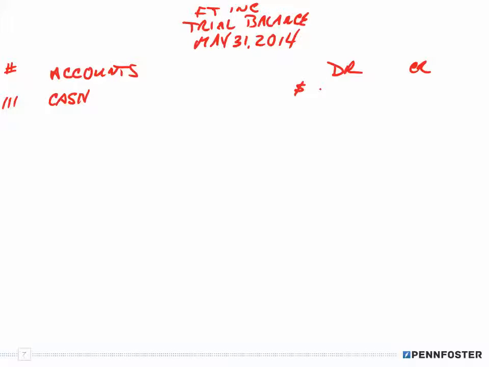It's a debit for 23,950. Notice I put the dollar sign in the debit column as the first number because it designates that these are dollars and not decimals. But I have an option of writing in the account numbers or not.